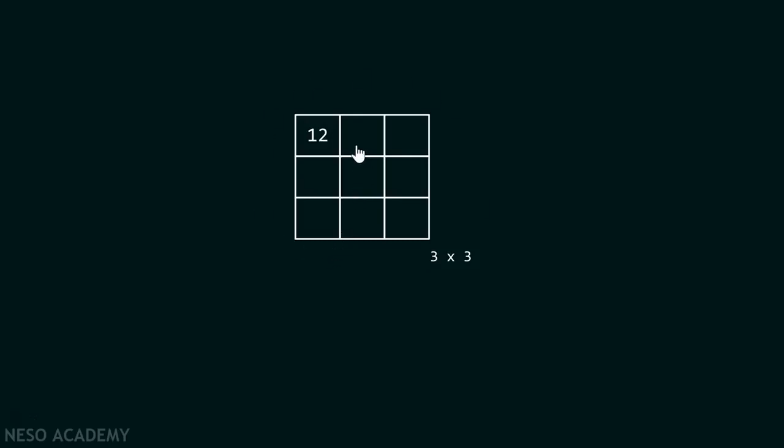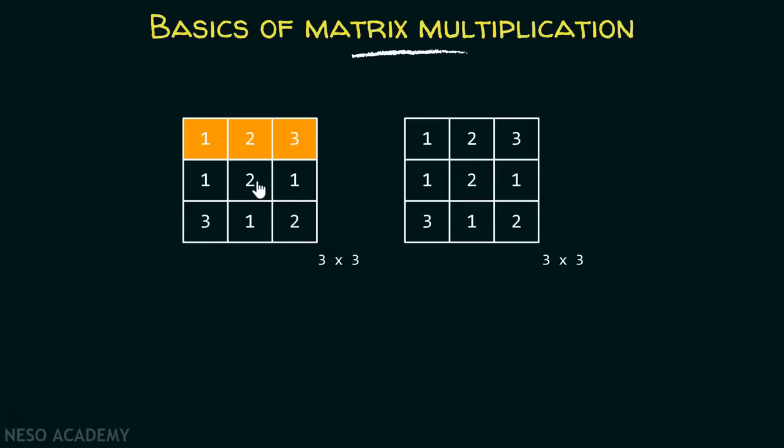In order to obtain the element at this particular cell, we first have to identify the location of this cell. We can see that the location of this cell is first row and second column. Therefore, we will take the first row from this matrix and the second column from this matrix. We take the first element from this row and the first element from this column and multiply them.